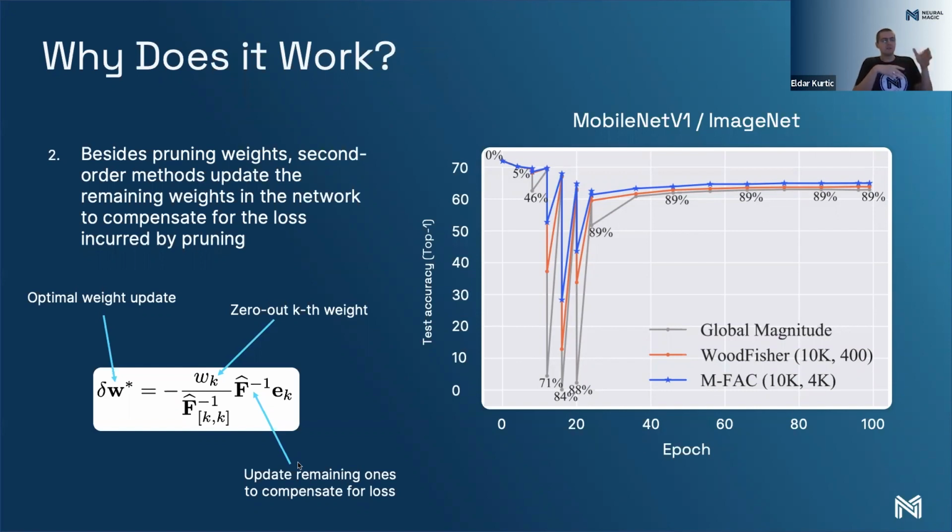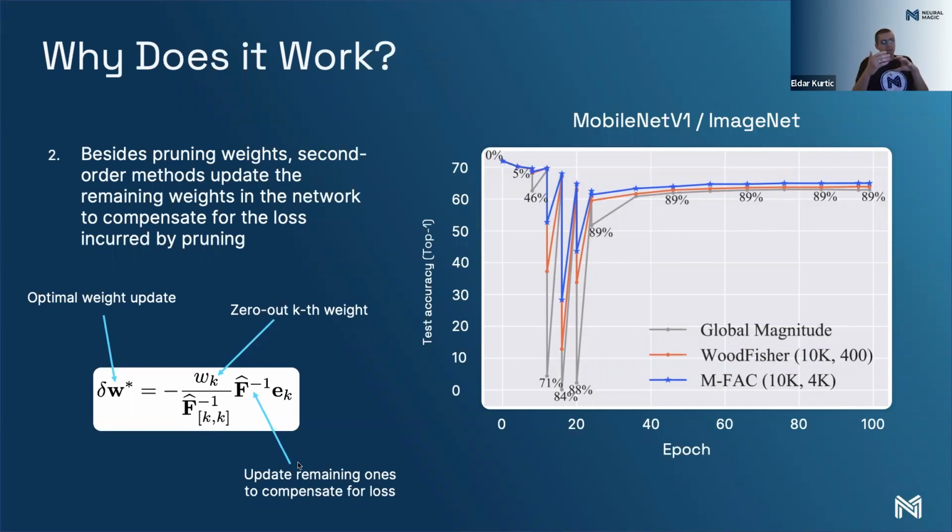And we can see that with Woodfisher and with MFAC, these drops in accuracy are significantly smaller than the drops with the magnitude pruning. As you can see, for example, with the magnitude pruning, even at 71% sparsity, the model always collapses to 0 accuracy, and then the optimizer has to compensate for this drop during the following fine-tuning phase.